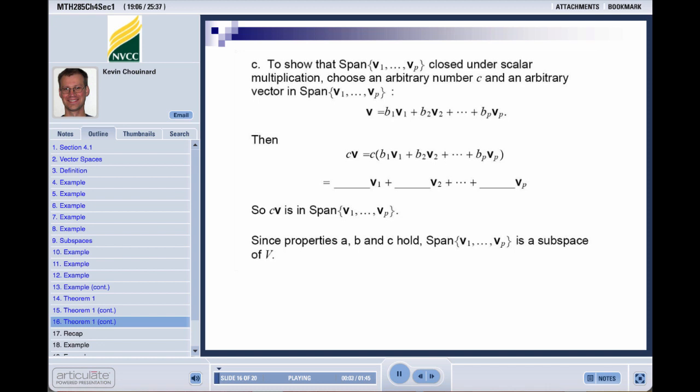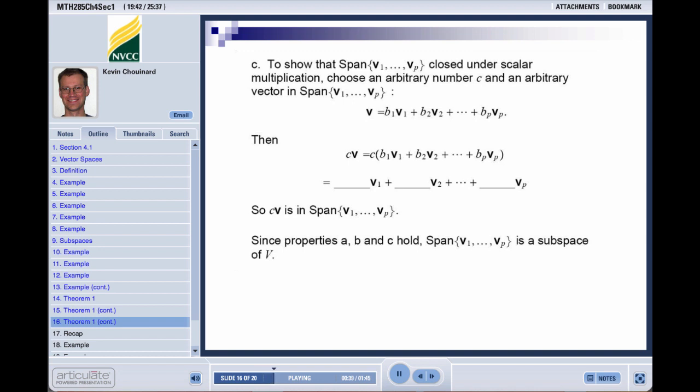Okay, so to finish showing that the span of any set of vectors is going to be a subspace, we need to show that it's closed under scalar multiplication. So take a vector v from the span, and we can use the definition of v that we just used on the previous slide. When we multiply it times scalar c, I can go back to the definition of v as an element in the span, and then I can use the distributivity of scalar multiplication to distribute across that sum that defines v.